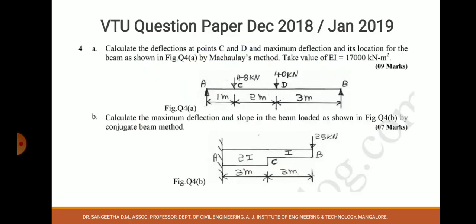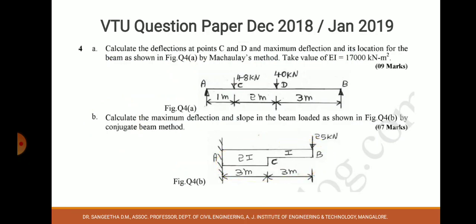These are some of the previous question papers in which questions from the conjugate beam method have arrived. So here the second question, you can see, calculate the maximum deflection and the slope in the beam loaded as shown in figure using conjugate beam method. So here the prismatic beam, its cross sections are varying, so you can solve this.